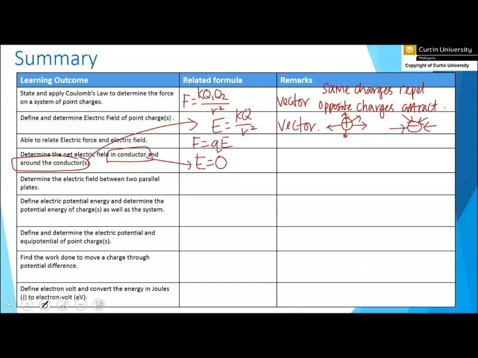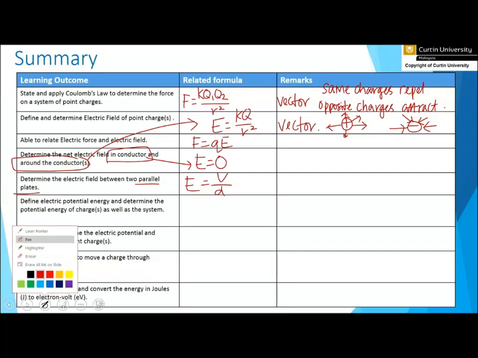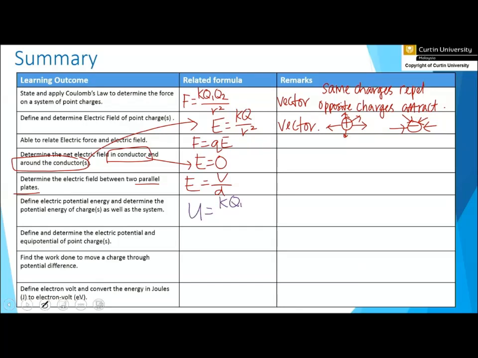Electric field between two parallel plates: E equals voltage divided by distance. Now move on to potential energy. Potential energy equals K Q1 Q2 divided by R. It's a scalar, so you have to include the positive and negative sign.